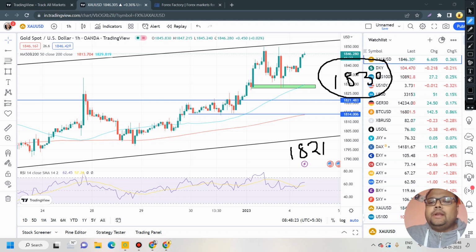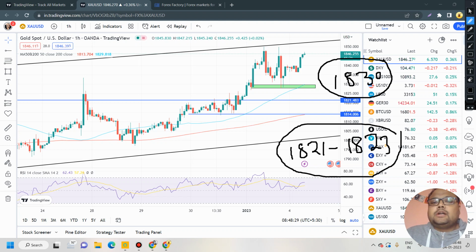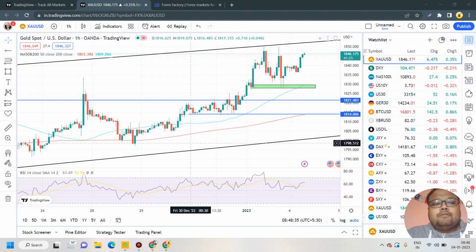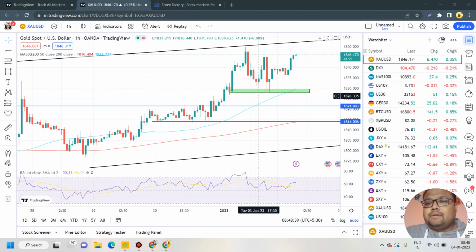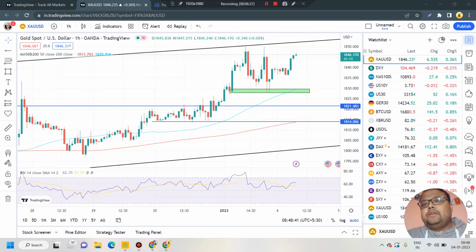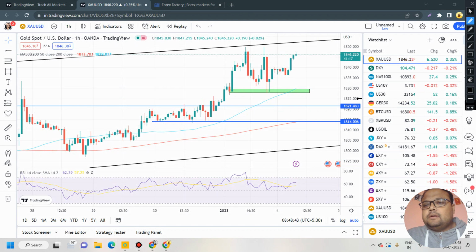If the market bounces, you can go for a buy position, but instead of 1830, you can look for some buying around 1821 to 1823. 1821, 1823 is a better support on the chart of gold because of the previous resistance around this area, as well as a Fibonacci retracement level. So 1821, 1823 is the second support. 1830 is the first support, but it is not a good support.